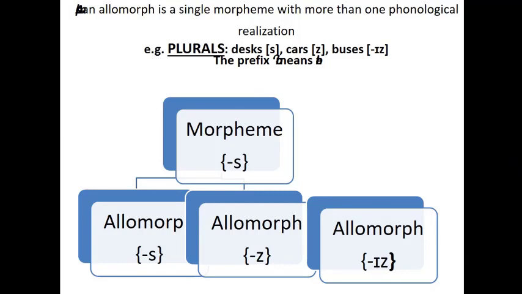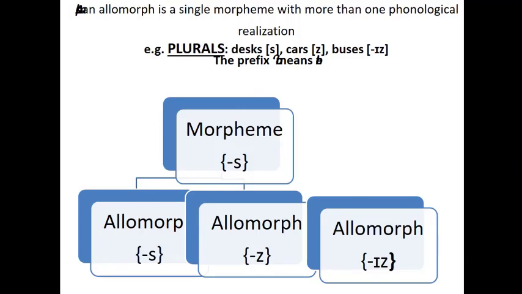The S should be pronounced the same way across all the different words of English that use plural forms. But it's not the case. And we want to know why the sounds differ from one word to the other. Desks doesn't sound the same as cars. Neither does it sound the same as buses.